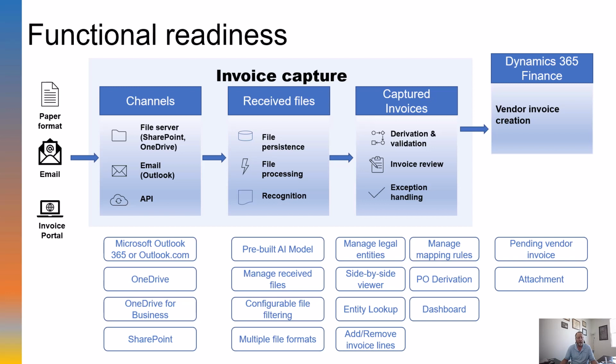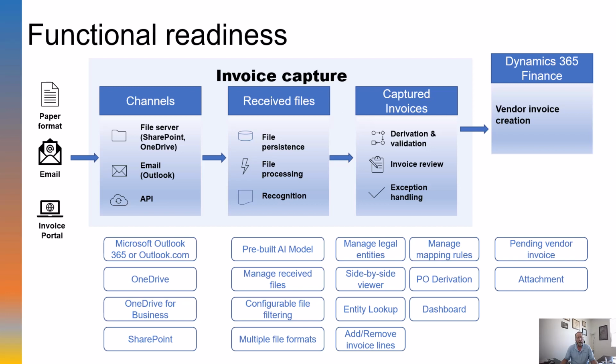Once the file's received and recognized, and it understands that yes, this is a file I need to process, it moves it into what we call a capture state. And this capture state is where it has started extracting the fields from the invoice and matching those fields up to the fields that are necessary to create an AP invoice in Dynamics.